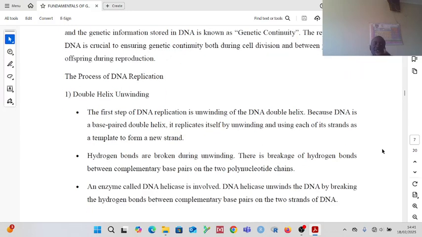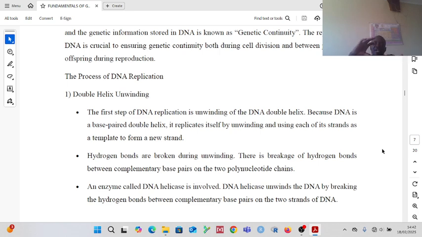So let's try to understand the process of DNA replication. Okay? So DNA is double-stranded. Okay? DNA is double-stranded. It looks like this. The two strands are held together by the hydrogen bonds. So the first process, you need to unwind.